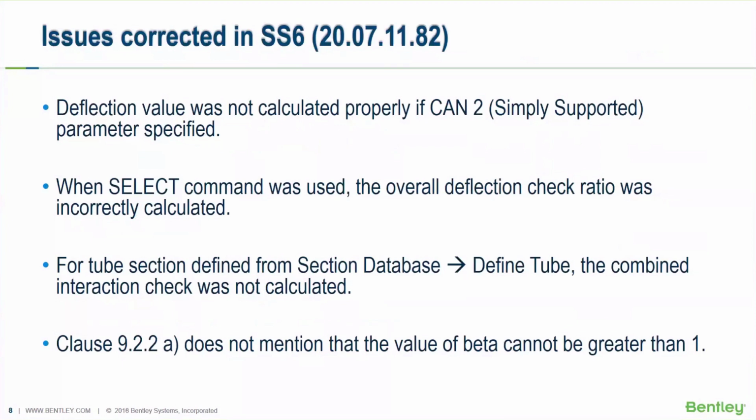There's one more defect that has been fixed: in case you provide the tubular sections from the section database and define TUBE, the combined interaction check was not happening at all, and that affects your designs again. So these are some of the situations where the things that have been changed are affecting your designs.